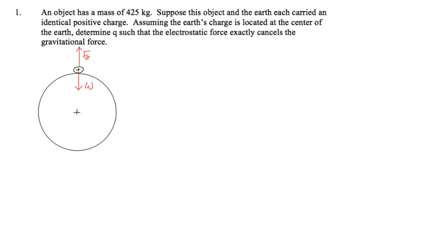So I'm going to get the weight from the mass, and once I know this number, I know that the weight equals mg, and that's going to be equal to my electrostatic force, because I want them to be balanced. I want the magnitude of them to be the same.